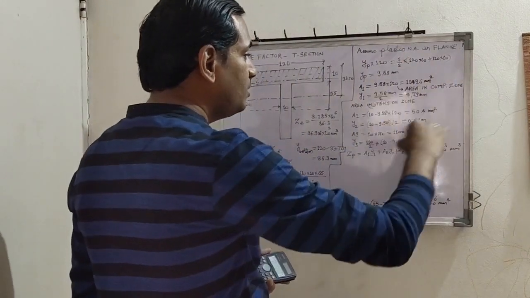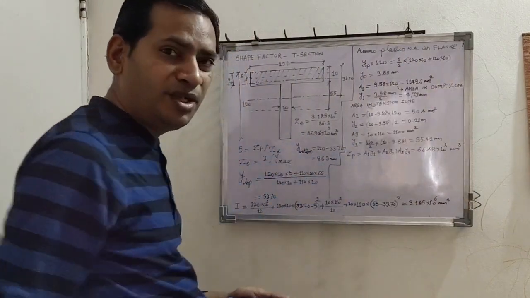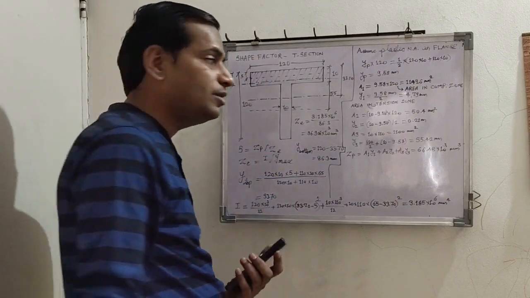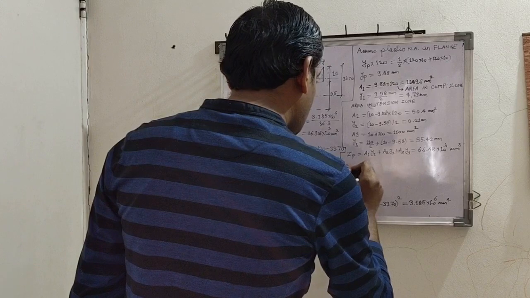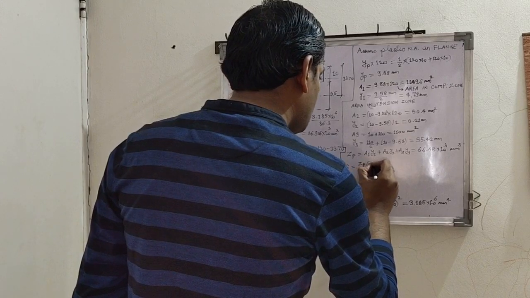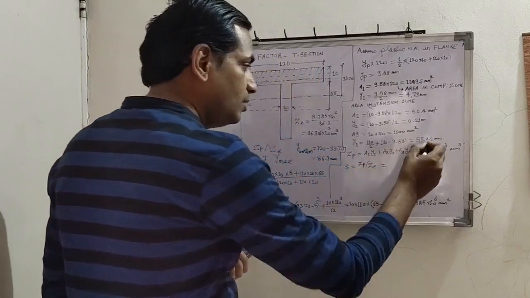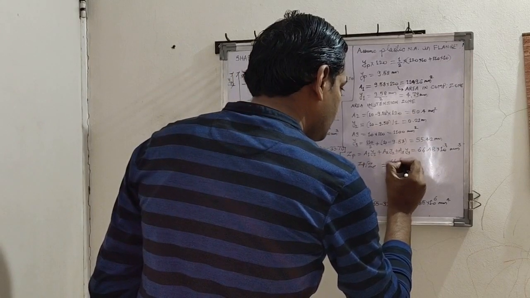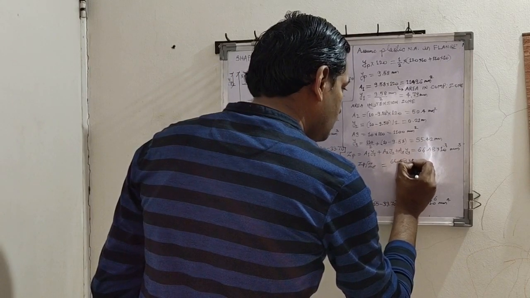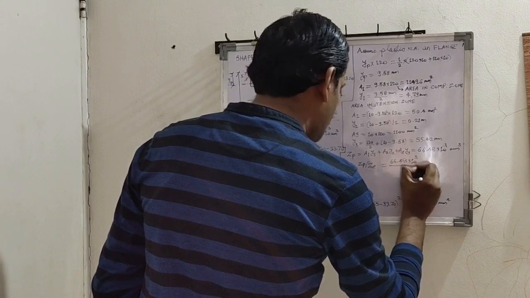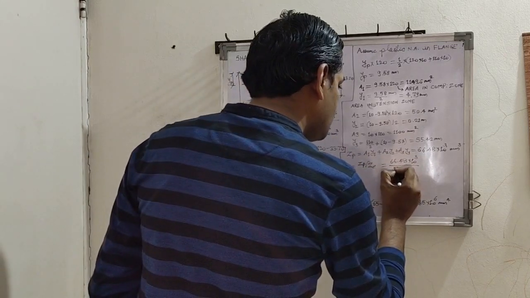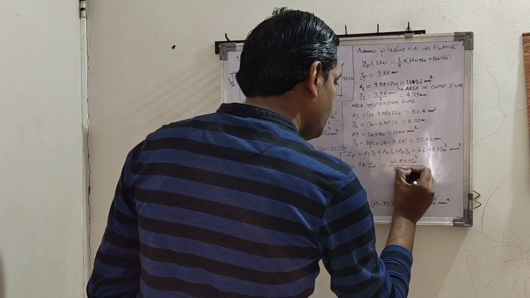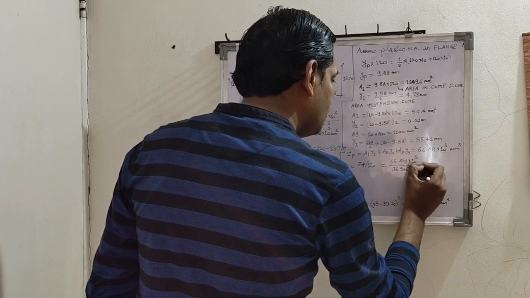Only this part is a little bit new compared to previous questions or analysis. So shape factor is ZP upon ZE, 66.48 into 10 raised to 3 divided by 36.906 into 10 raised to 3.